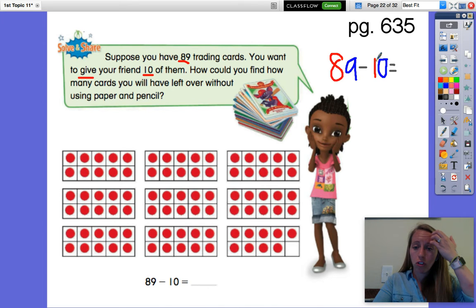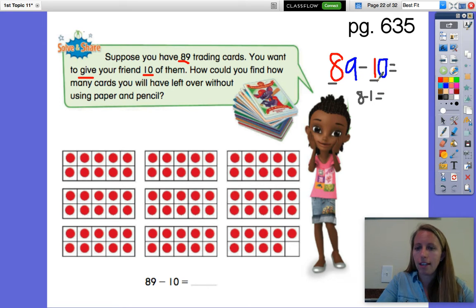So we are going to use subtraction to help us solve this problem, okay? 8 minus 1. We know how to solve 8 minus 1. We're going to look at the tens digit, right? What is 8 minus 1? If we have 8 and we take 1 away, how many do we have now? I have 7, right? So the tens place would be 7.